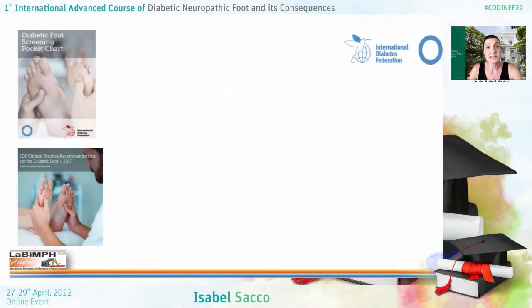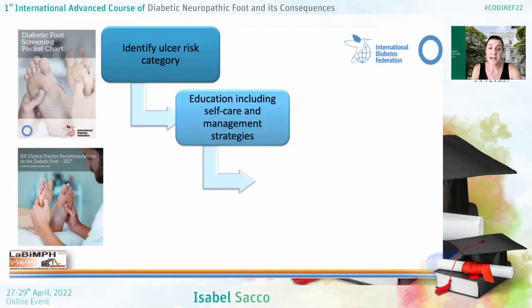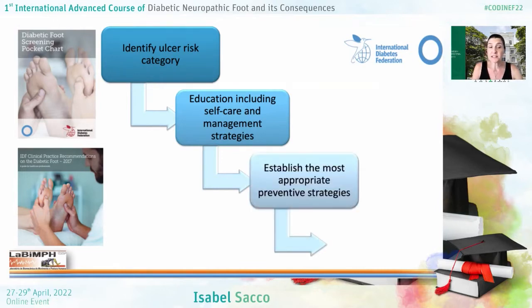Considering the official recommendation of the International Diabetes Federation, you need to first identify the ulcer risk category of that individual based on his or her risk factors for ulcers. Then, the IDF suggests education and self-management strategies for autonomous healthcare, and depending on the risk classification, there are some preventive strategies that should be adopted.